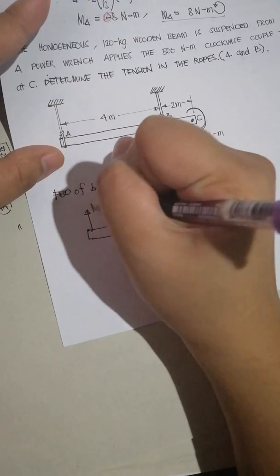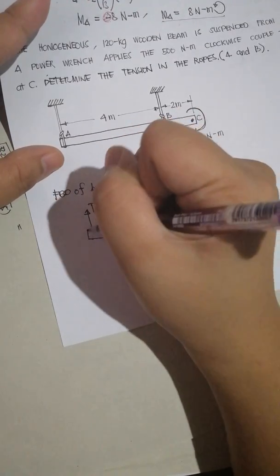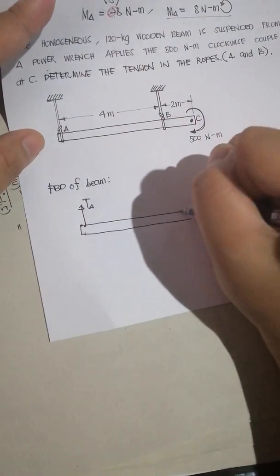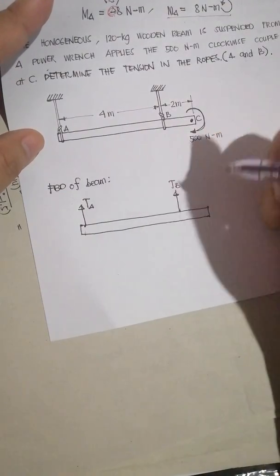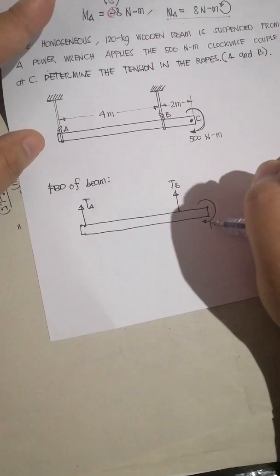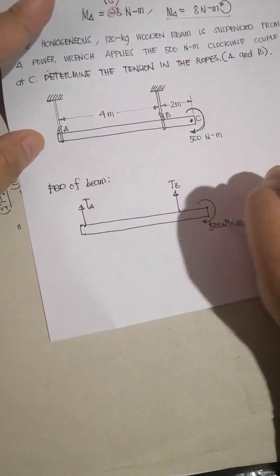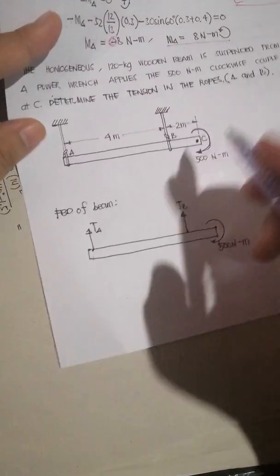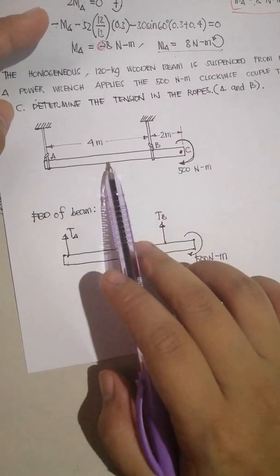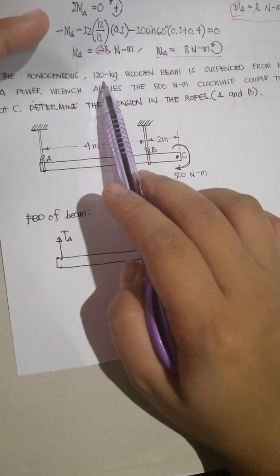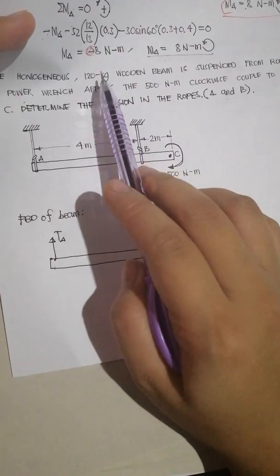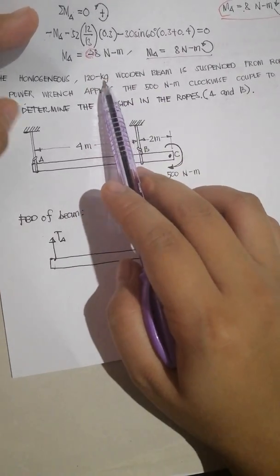Let's say this is T sub A, the tension in the rope at A, and here there is also a tension, TB, then this is 500 Newton meters. And aside from that, even though it's not part of the initial drawing, it is said here that the wooden beam is 120 kilograms in weight.